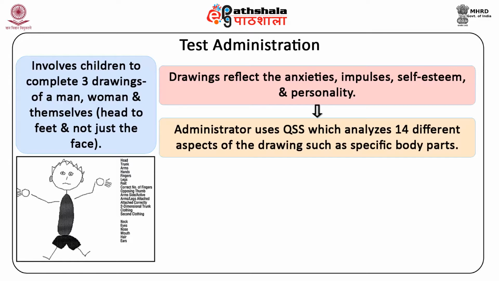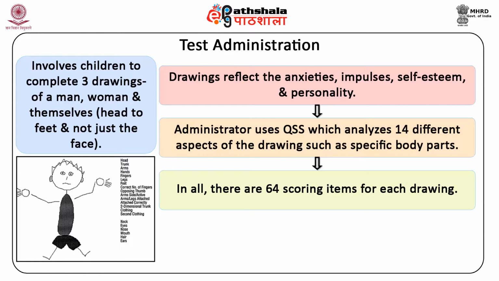The test administrator uses a quantitative scoring system which analyzes 14 different aspects of the drawing, such as specific body parts and clothing, for various criteria including presence or absence, detail, and proportion.